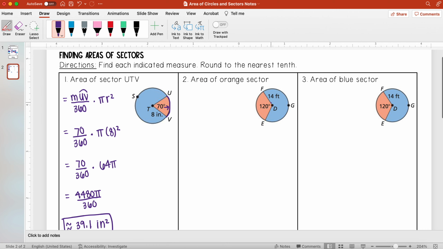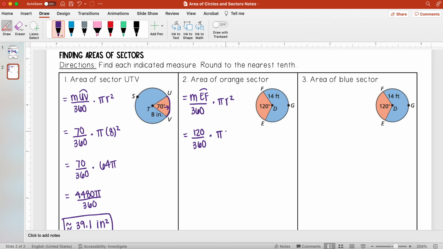Okay, let's try another one. Here I want to find the area of the orange sector. So I know that this is going to be equal to the measure of my intercepted arc, which is EF, over 360 times pi r squared. Measure of arc EF, I see from the central angle, is 120, over 360 times pi r squared.